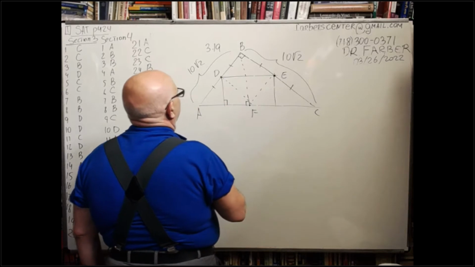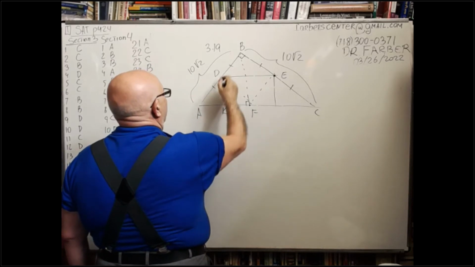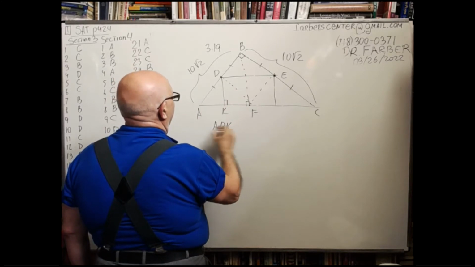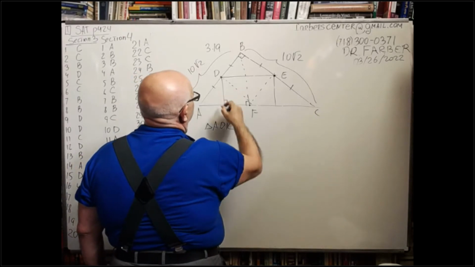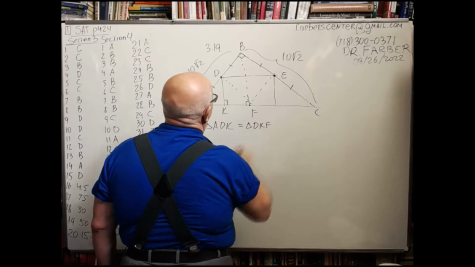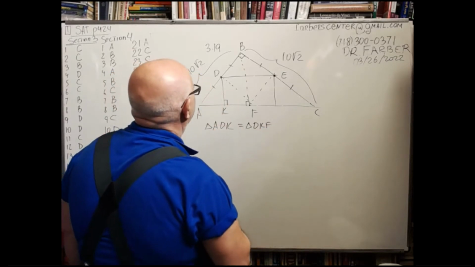So this triangle, okay, DAK equals triangle DKF. Common side, symmetrical.